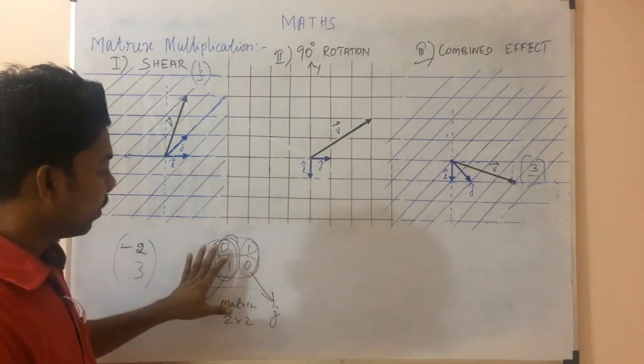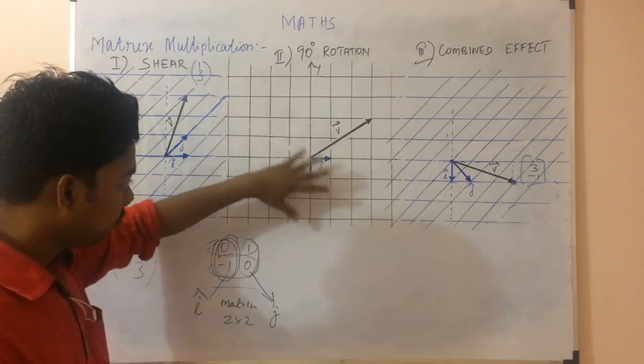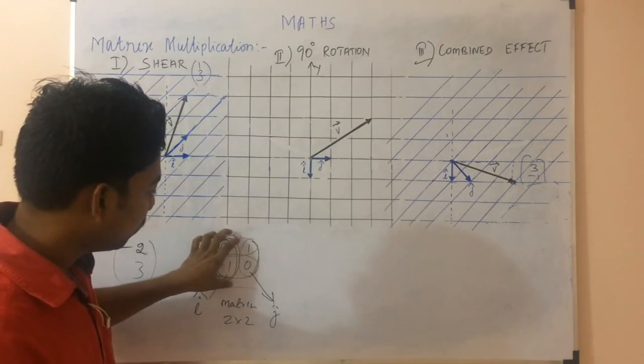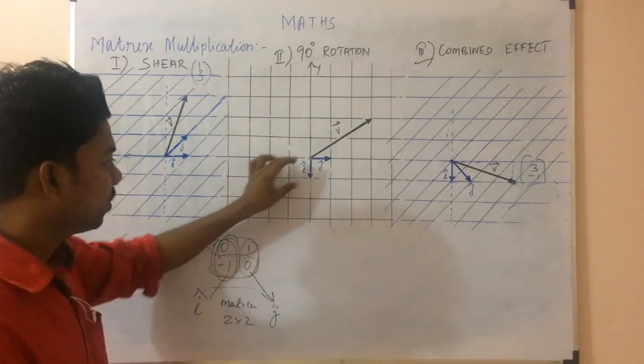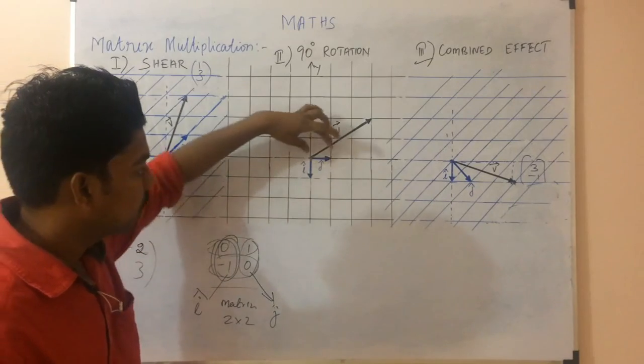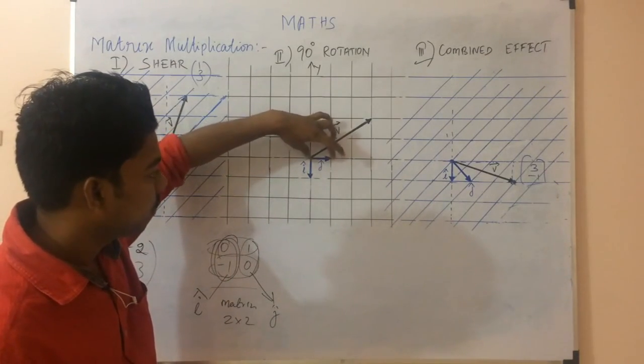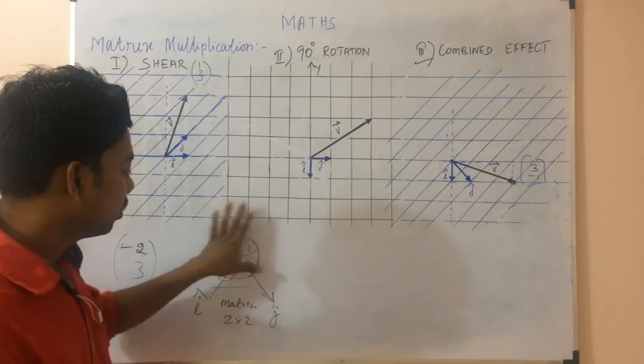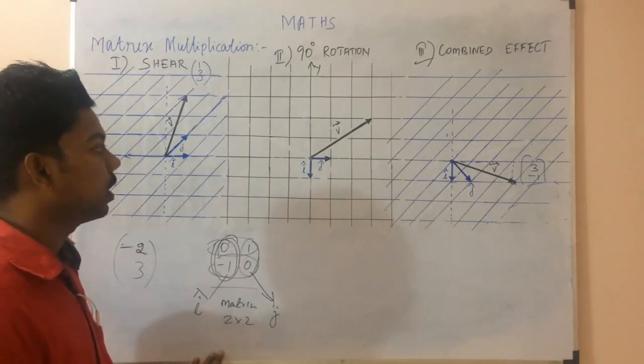Okay, after the transformation, this column represents the transformation of i cap, then the transformation of j cap. So overall, this is a 2 by 2 matrix.